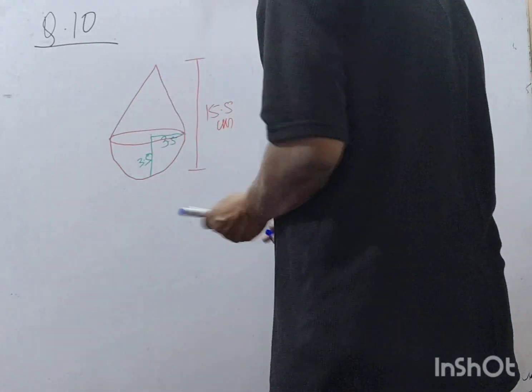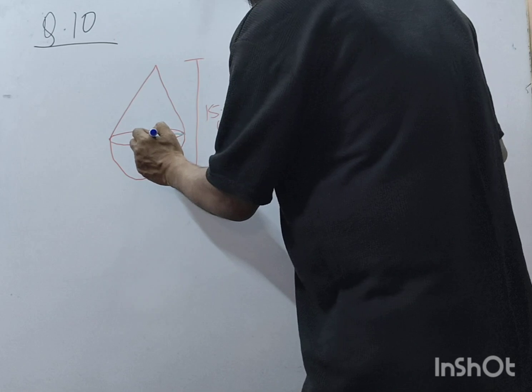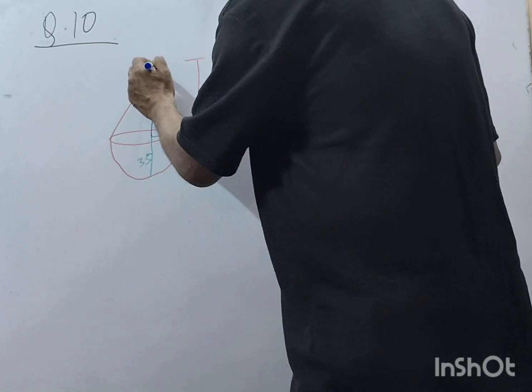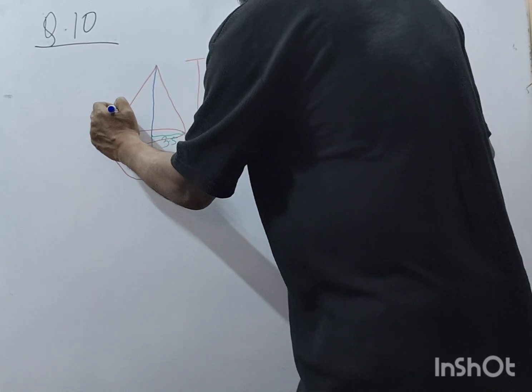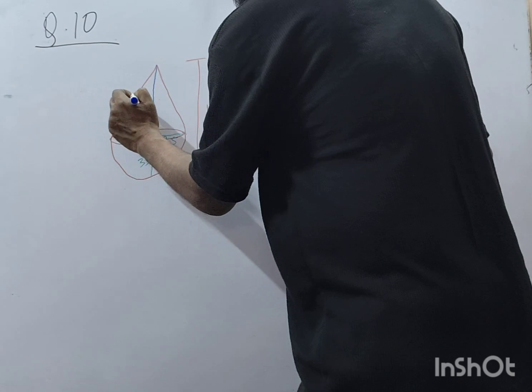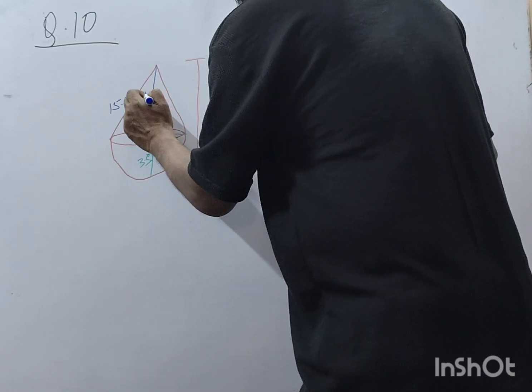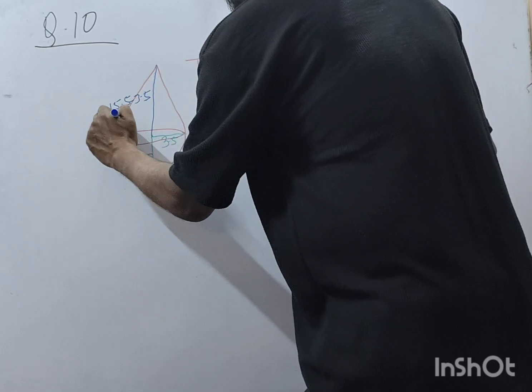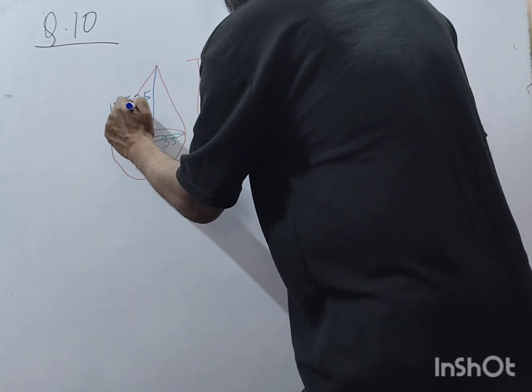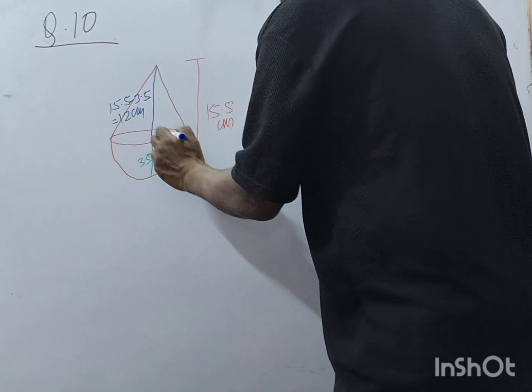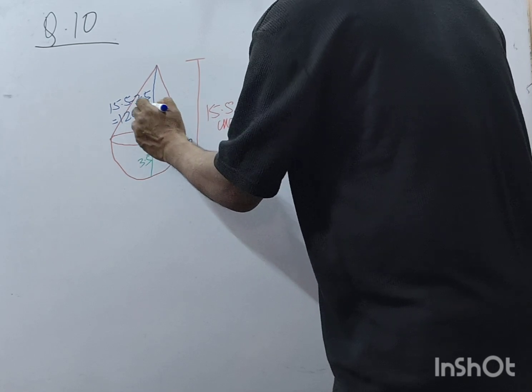So the height of the cone will be 15.5 minus 3.5, which becomes 12 centimeter.